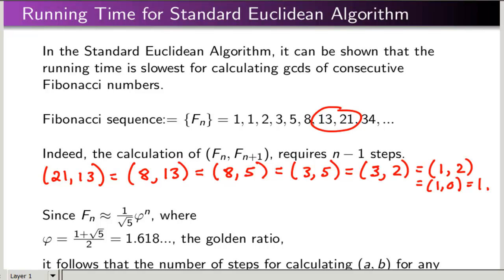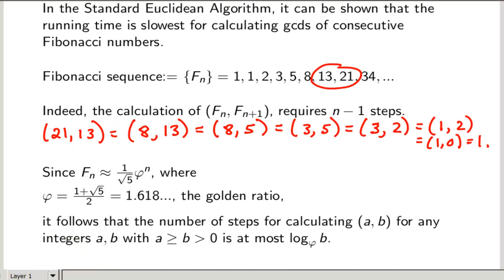Now, the Fibonacci sequence is essentially a geometric sequence, geometric growth. They are very close to 1 over the square root of 5 times phi to the n power. So the nth Fibonacci number has a very accurate approximation, where phi is the golden ratio, 1.618 dot, dot, dot.